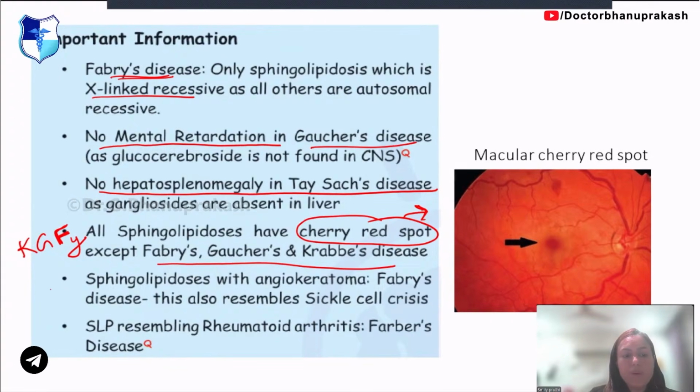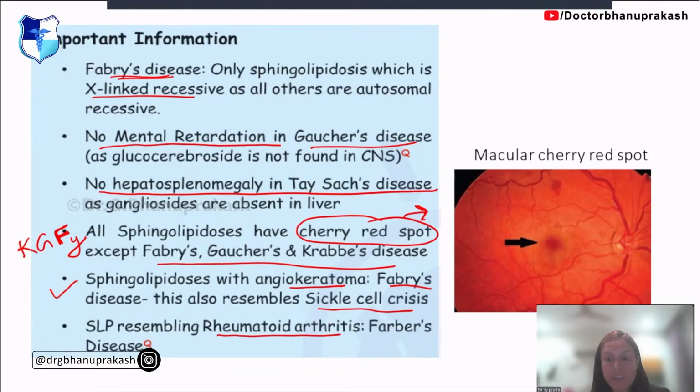Then you must remember, if angiokeratoma is given in a question of sphingolipidosis, it is Fabry's disease. Also, Fabry's resembles sickle cell crisis. Then the sphingolipidosis which resembles a rheumatoid arthritis kind of picture is Farber disease. Okay, so trust me, students, sphingolipidosis is so easy for you.